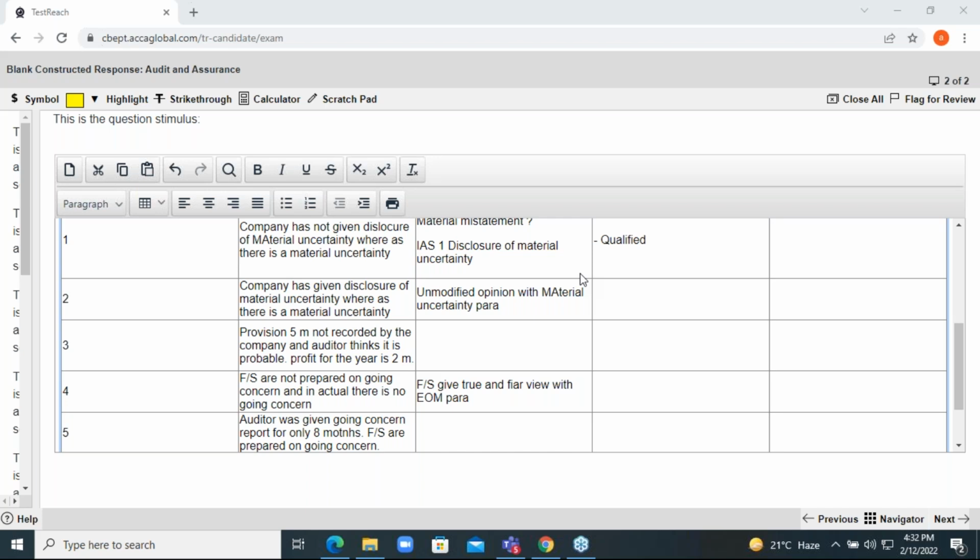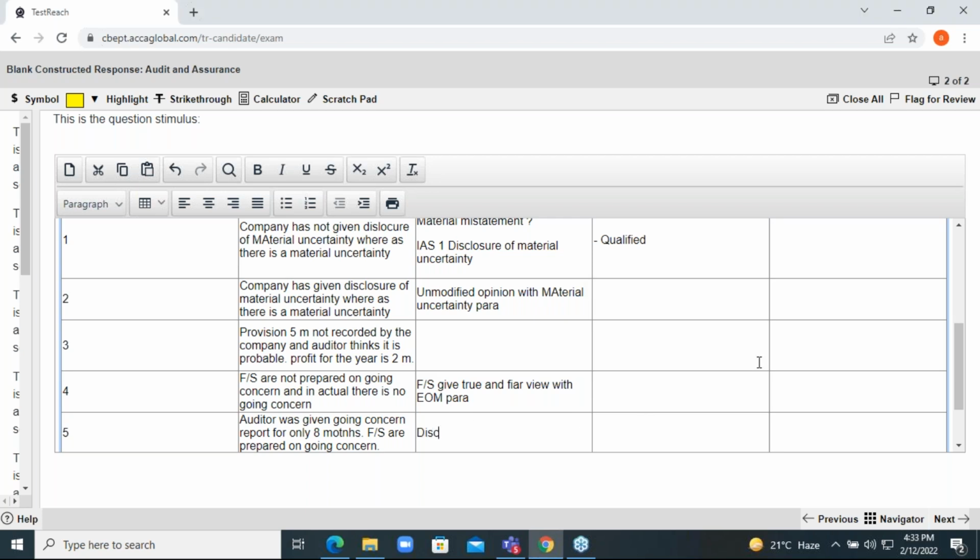If they have not prepared a complete 12 months report, then this is an issue related to going concern which is pervasive in nature. And how can management claim that they are a going concern if they have not prepared a going concern report? So this means there is a material misstatement, and it is not only material but pervasive. And we have not been provided with sufficient and appropriate evidence, because evidence is there for 8 months, whereas we need 12 months evidence regarding going concern according to ISA 570. So disclaimer of opinion would be issued.